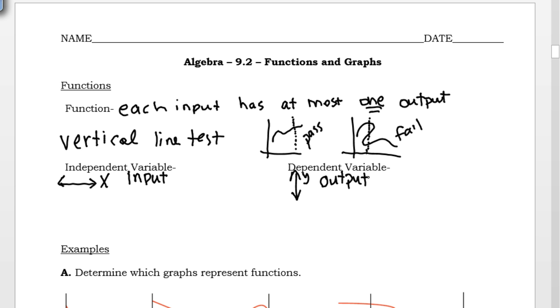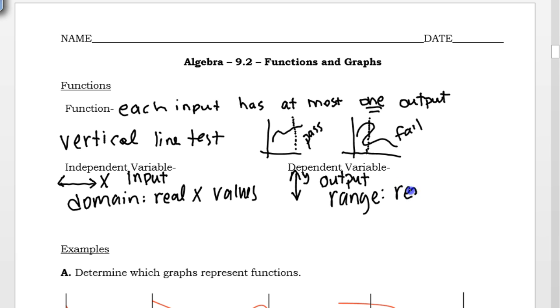We call the values of the graph along the x-axis the domain. And we call the numbers along the y-axis the range.